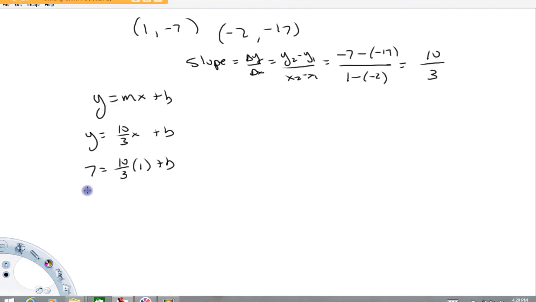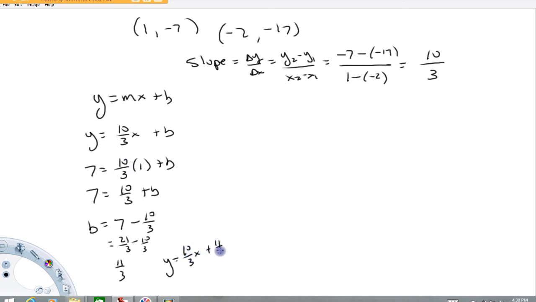So we're going to have 7 equals 10/3 plus b, so b is equal to 7 minus 10/3. That's 21/3 minus 10/3, which is 11/3. So that line should be y equals 10/3 x plus 11/3.